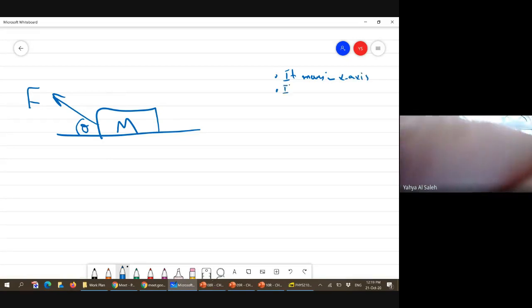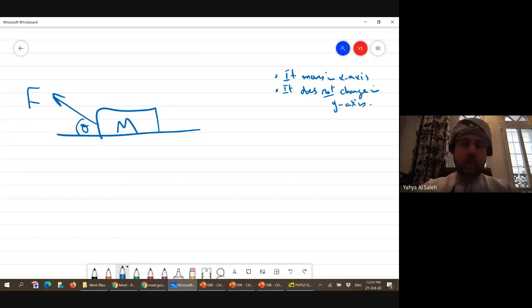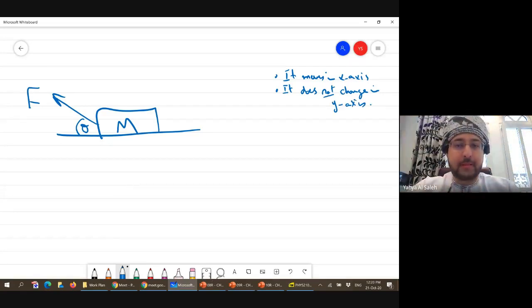We know it does not change in the y-axis. Are we okay so far? Yes. Okay, so far so good.